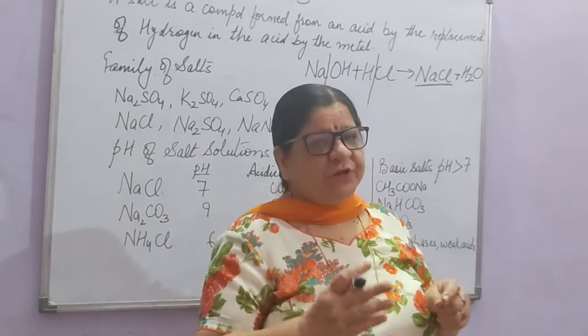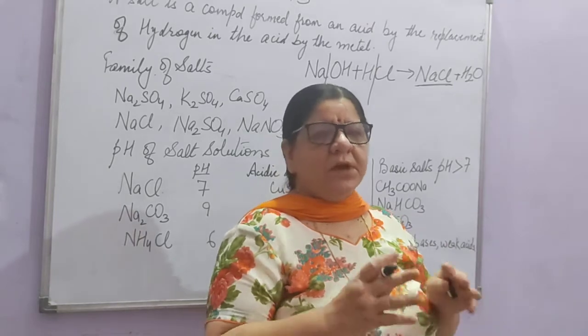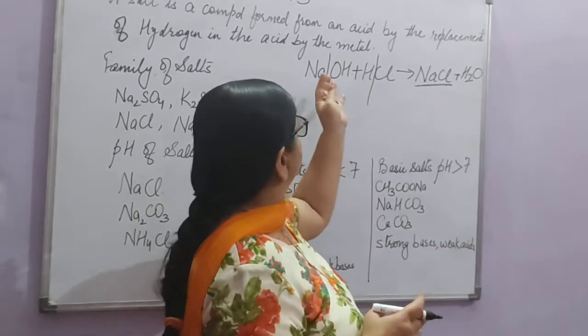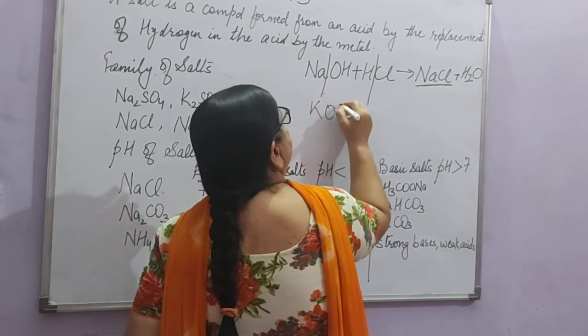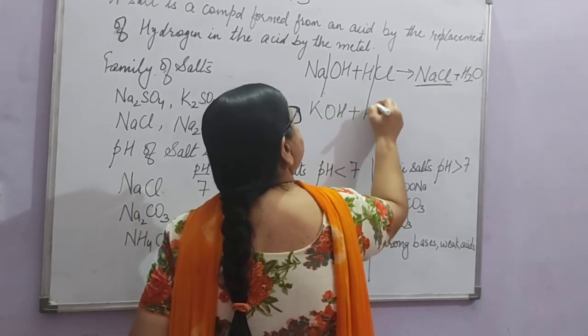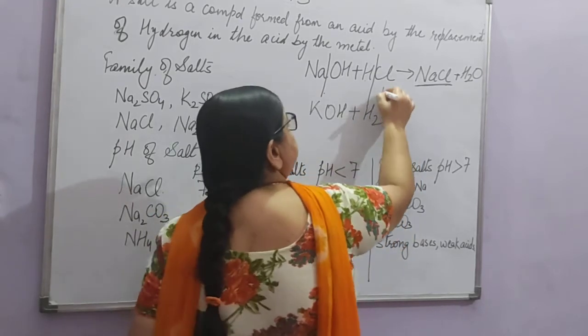But in general, salts are all those compounds which are formed by the reaction of any other example also, like KOH, potassium hydroxide, plus H2SO4, a base and an acid.